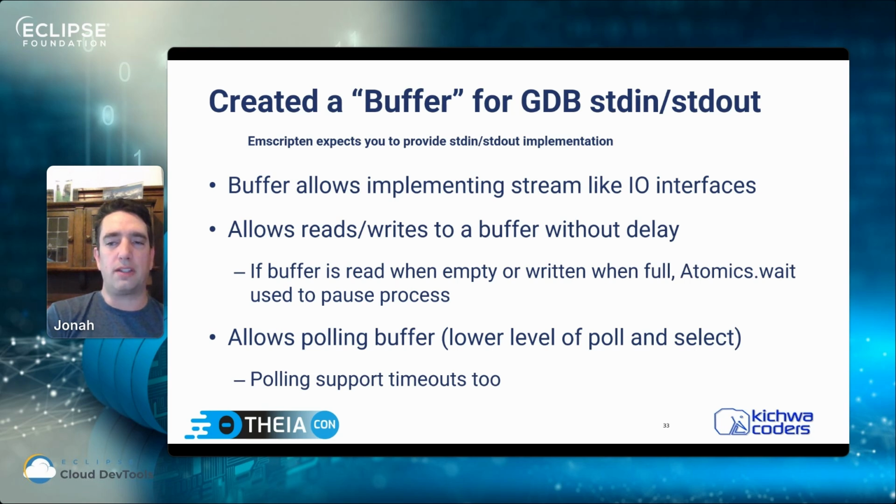We also implemented support for polling, so the poll and select APIs in C, and that polling also supports timeouts. These are all parts of how GDB communicates to the rest of the world.